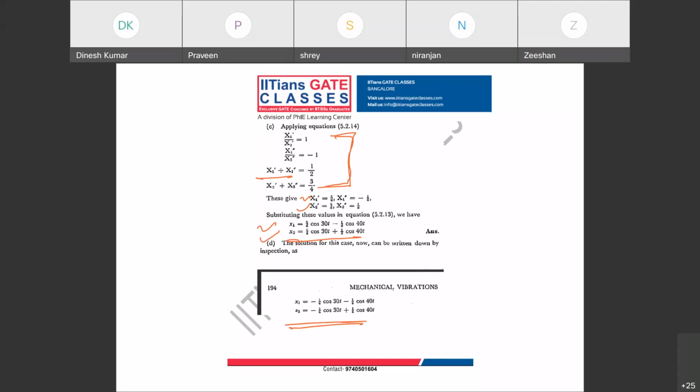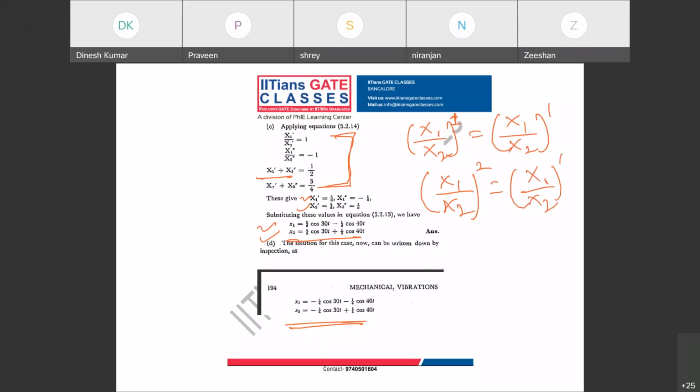Only in Grover, I have used my notation x1 by x2 as first, while they write it as a dash, and I have written x1 by x2 as 2, they write it as a double dash. Double dash means corresponding to the second natural frequency, single dash means corresponding to the first natural frequency. So you can see it is exactly the GATE question asked in the reverse way.